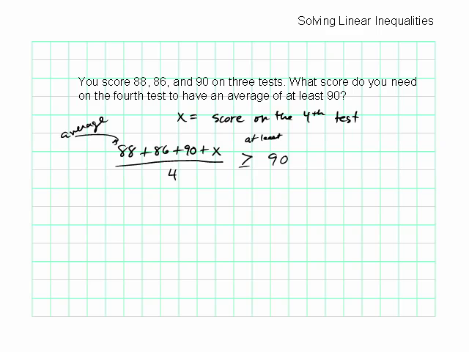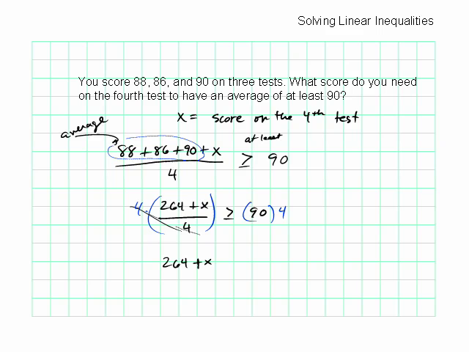First thing that I should do here is just tally these 3 numbers right there. Those 3 numbers add up to 264. Multiply both sides by 4 to get rid of the fraction. The 4's are gone now. And we get 264 plus x is greater than or equal to 360.